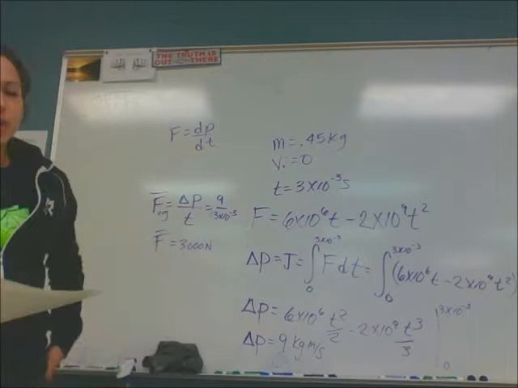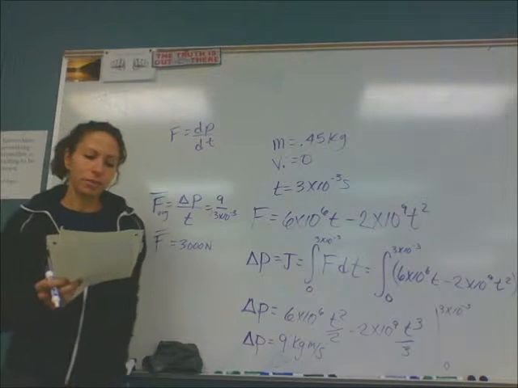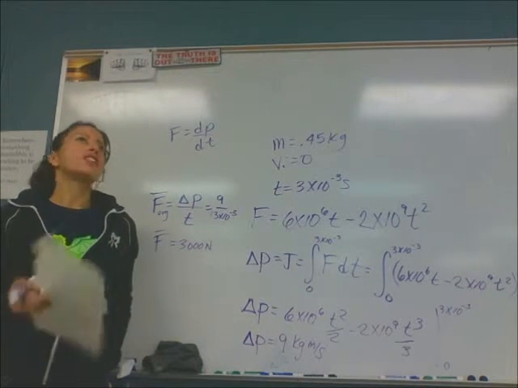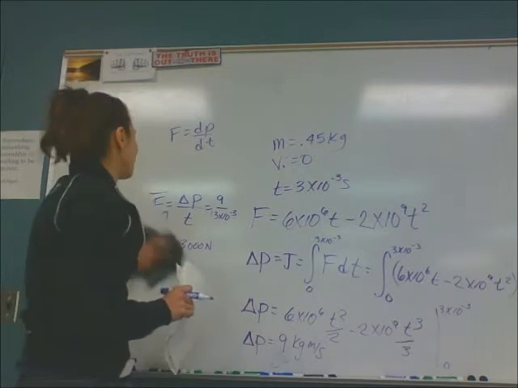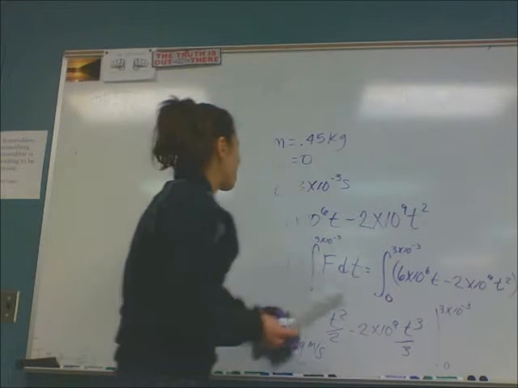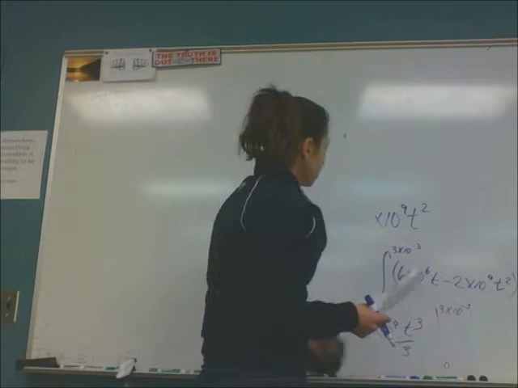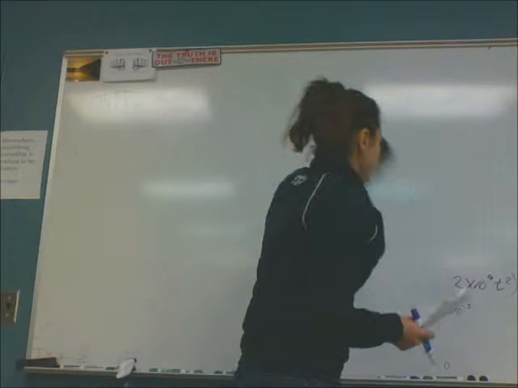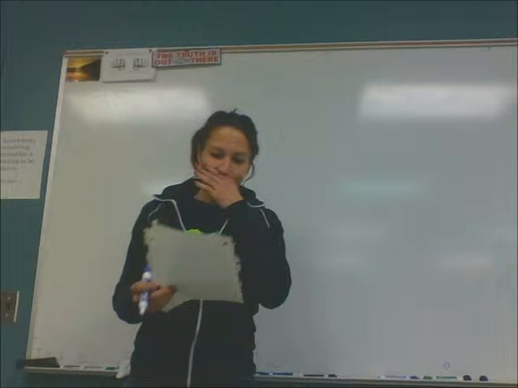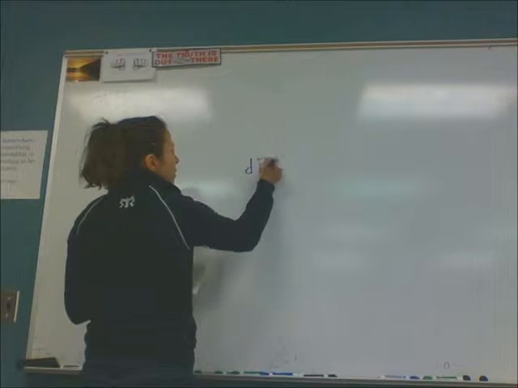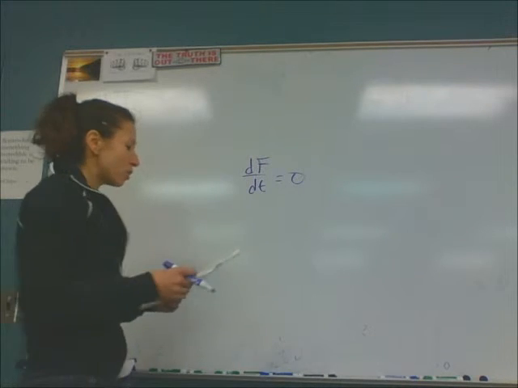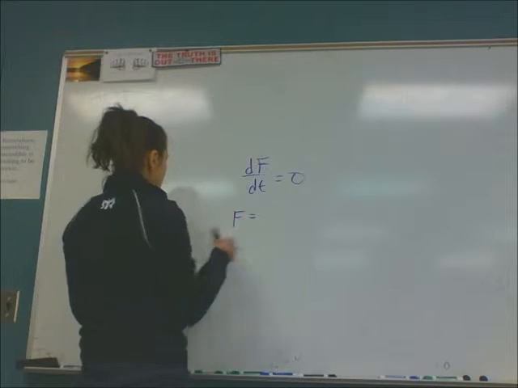So when you maximize any function, you want to take the derivative of it and set it equal to 0. That's how you maximize. So if we have this force function, which is equal to 6 times 10 to the 6th t minus 2 times 10 to the 9th t squared, and I take the derivative of it and set it equal to 0, I get 6 times 10 to the 5th minus 4 times 10 to the 9th t equals 0.